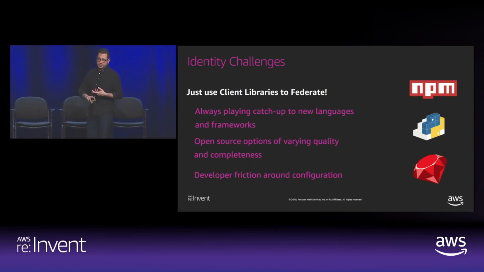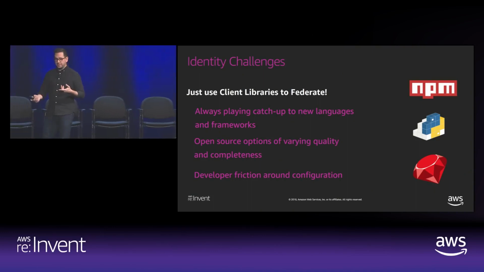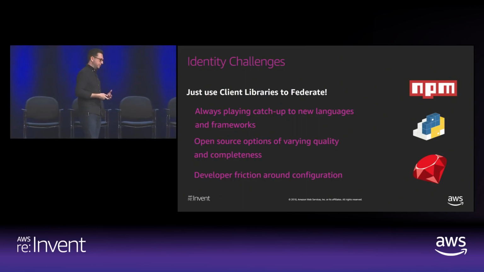So with frameworks and languages in particular, always there's fluctuation. There's new ones coming and going in and out of fashion. There's open source options, often many, so picking the best one sometimes isn't necessarily a great one.